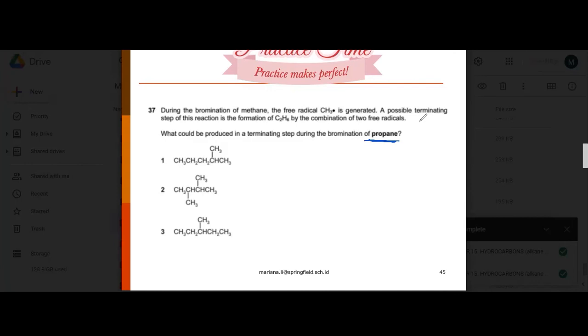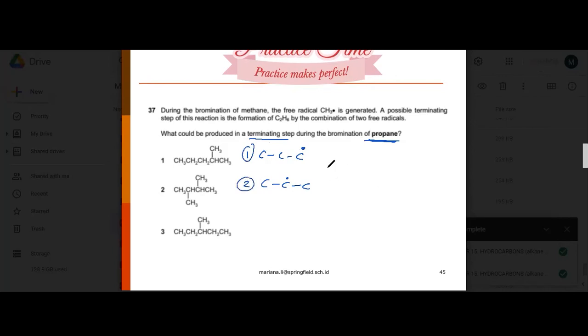Let's discuss. You know that propane has two different hydrogen environments, here and here. So there are two possible free radicals that could form. So what is the product of the terminating step? Let's say this is the first free radical, this is the second one.